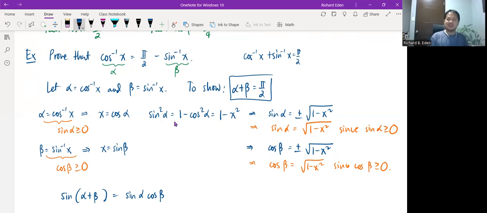What's the next? Do you remember? Minus or plus? Minus. Sine beta, cosine alpha. This is sine, so plus.